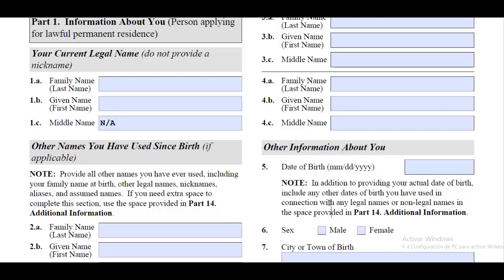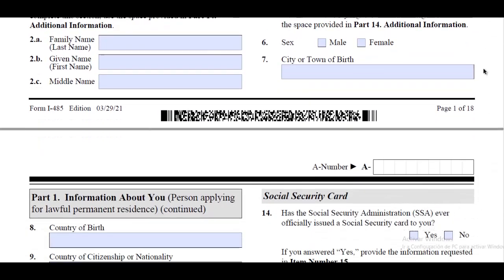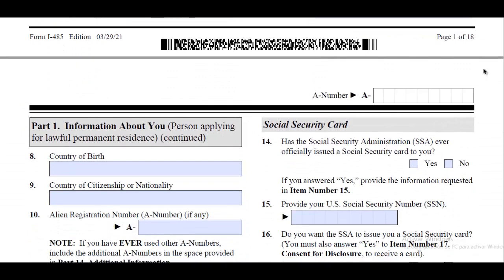For other information about you, it's self-explanatory. This will be your date of birth, sex, city or town of birth, country of birth, country of citizenship or nationality.